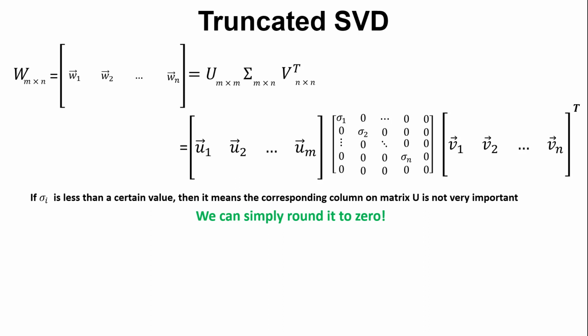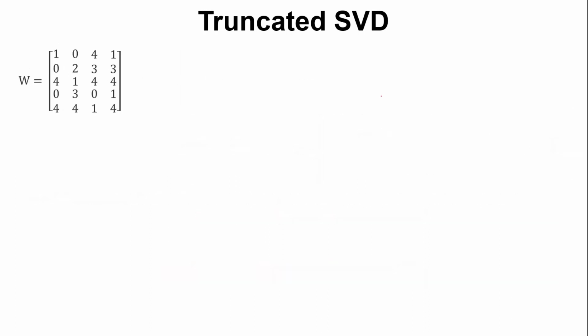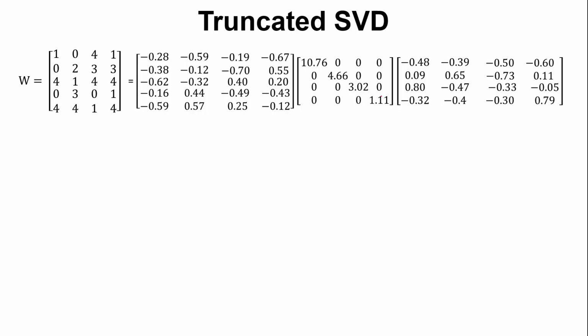Now we might say, wait a minute, how does this help? Let's imagine we have this weight matrix, and somehow we compute SVD and reach these 3 matrices. Then we can say, hey, look at this small number. It is much smaller than 10.76 at the top left.